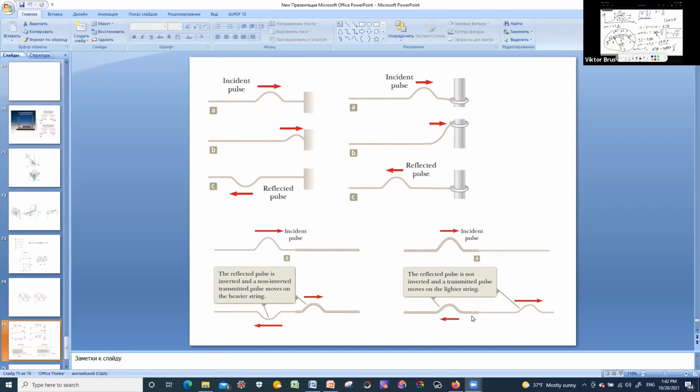However, the reflected wave remains in the same phase as the incident one, similar to the example when we have a freely moving edge of the string. And then we have a transmitted wave, which is also in the same phase as the incident pulse. So the transmitted wave is always in the same phase as the incident wave.